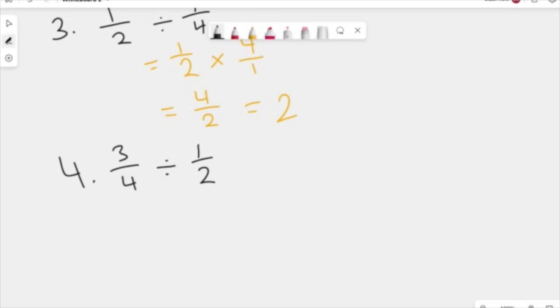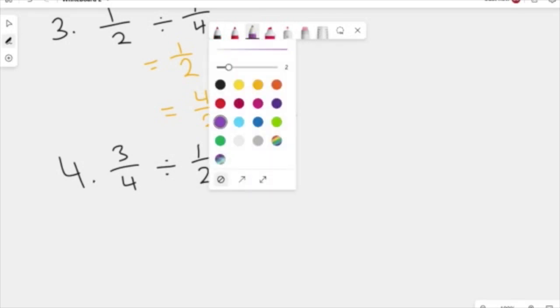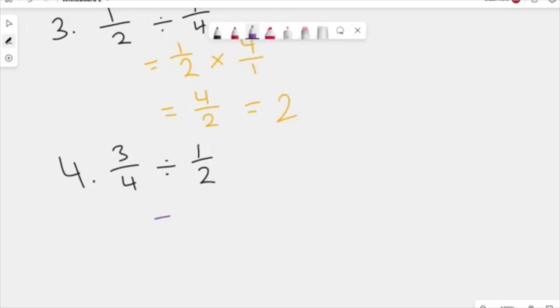So, a very similar thing happens here, because our 3/4 stays, because we're essentially just trying to find, well, how many times does a half go into 3/4? And we can write that, okay, this is like multiplying by 2 over 1.